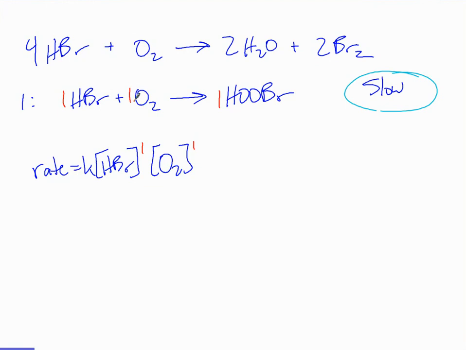So that's how we can use elementary steps where we're making intermediates to find the overall rate law for the reaction. So again, why is this one determining the rate law for that one? It's because for some reason this bakery only has 1 oven, or we're waiting on this guy. This guy is the rate determining step, he's the slow step, it's the one that is determining the order of the reaction.